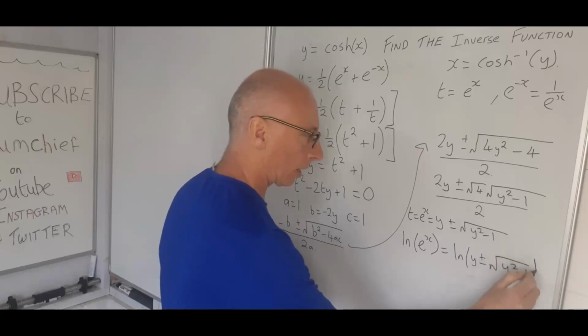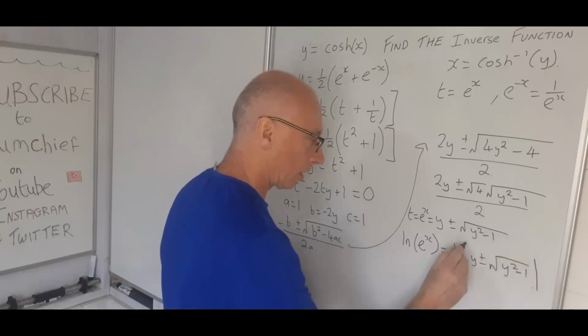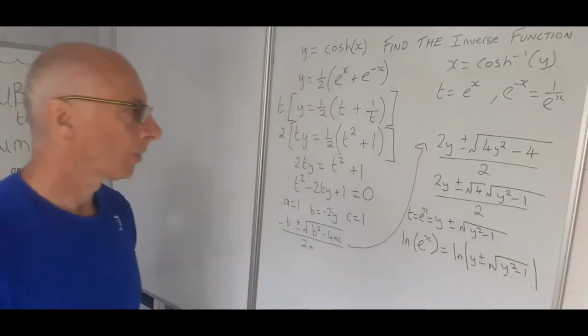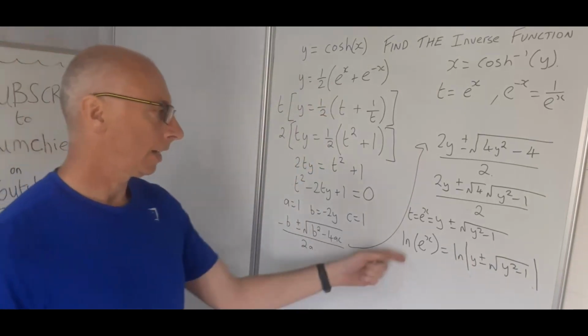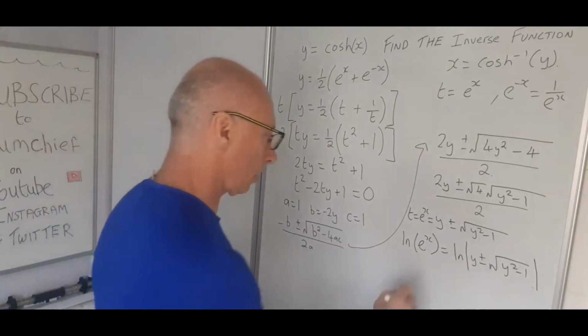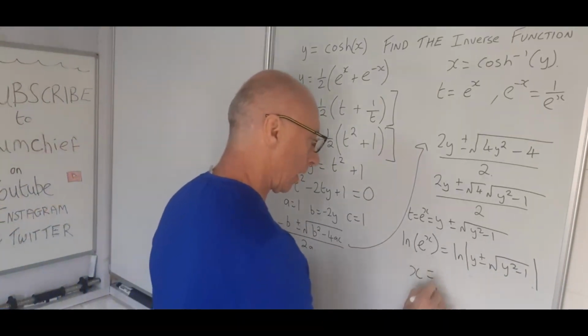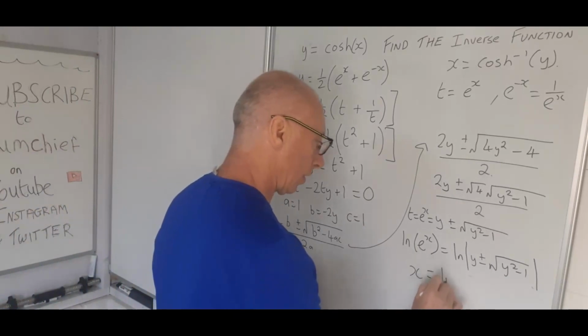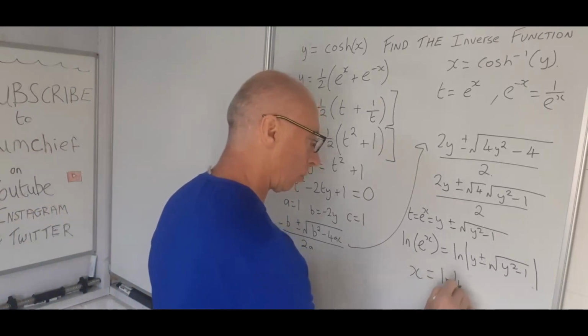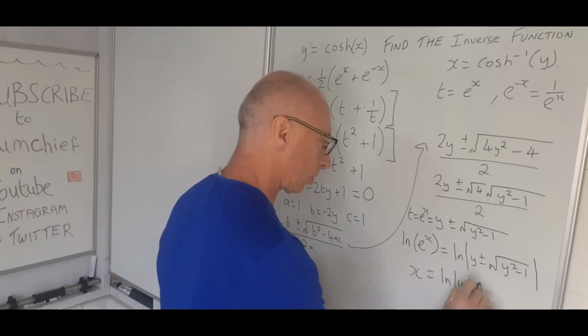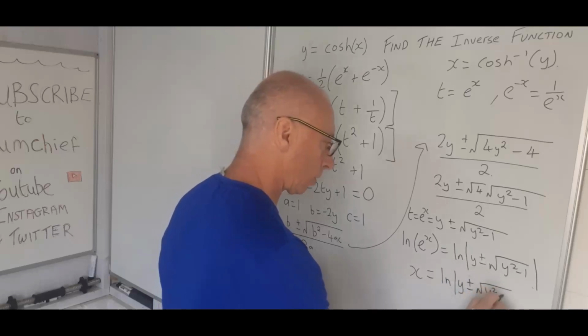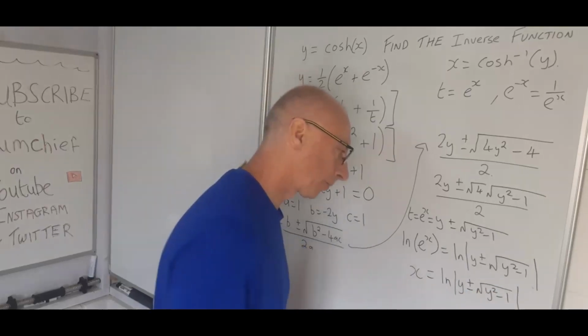Let's make that clear, it's the absolute value, so make sure they are proper straight lines. Now log of e to the x is just x, and our x equals the natural log of y plus or minus the square root of y squared minus 1.